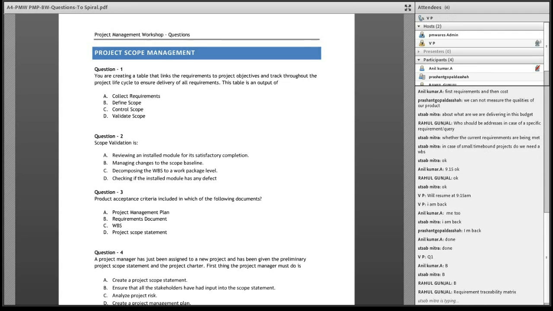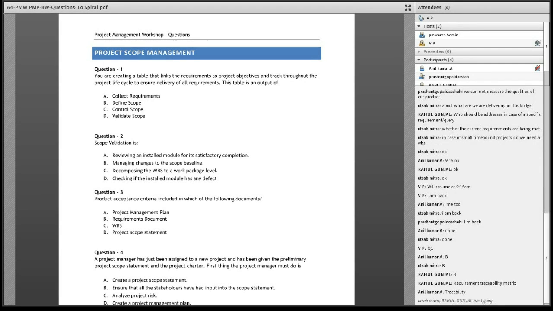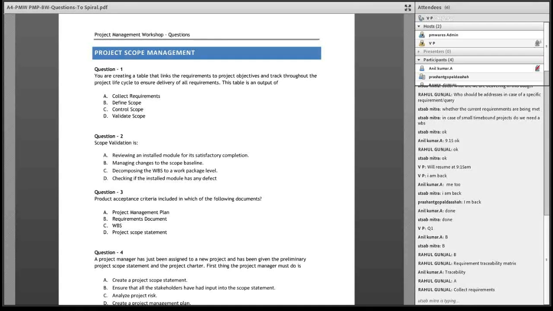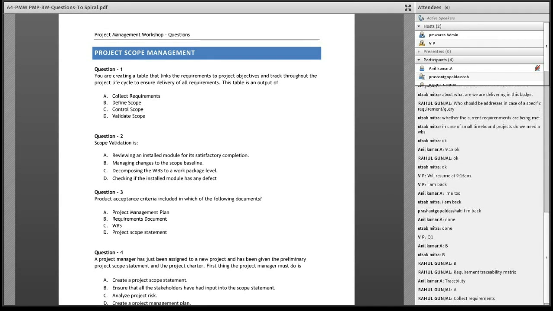Requirements traceability matrix, and requirements traceability matrix is an output of A, that is collect requirements, correct? So A is the right answer. What about question number 2?